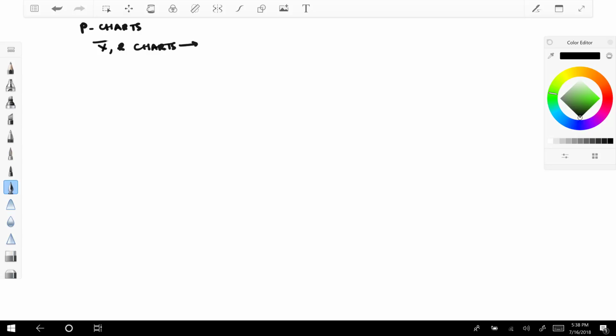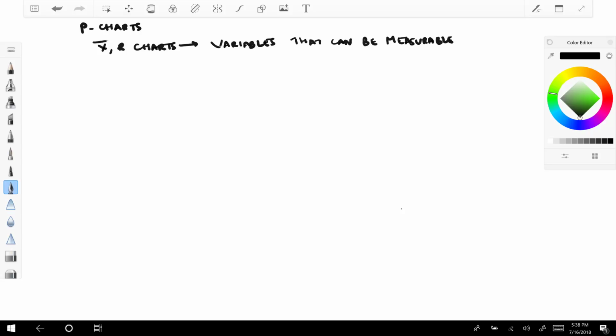These charts are mostly used when we have variables that can be measurable, so they have magnitude.